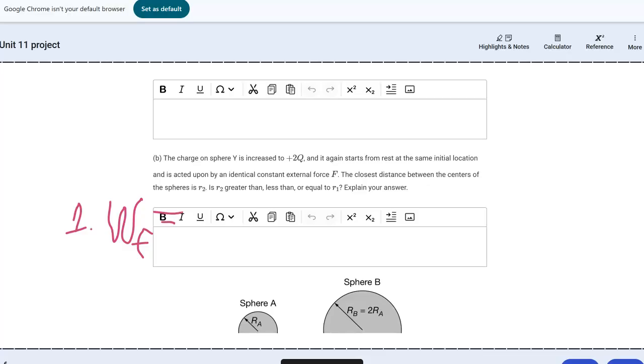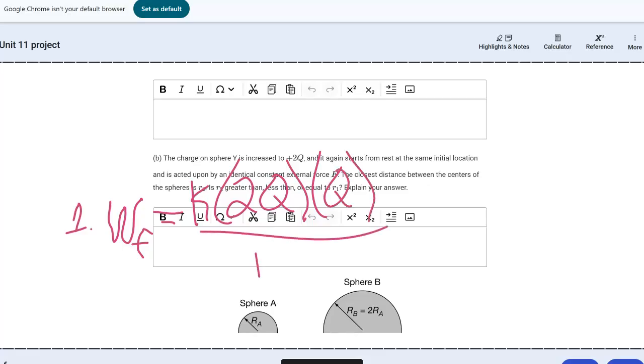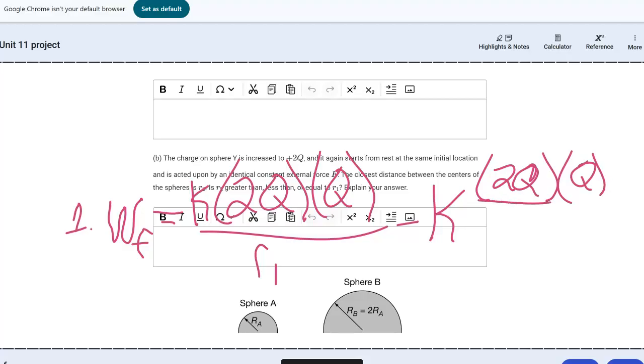Okay, so we're going to use our potential energy formula, K times Q over R1, and then minus initial K, because our radius is changing, over R initial.